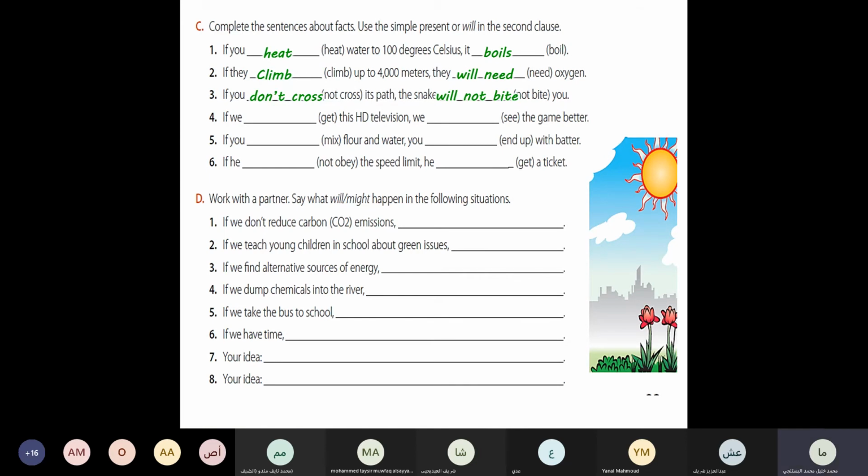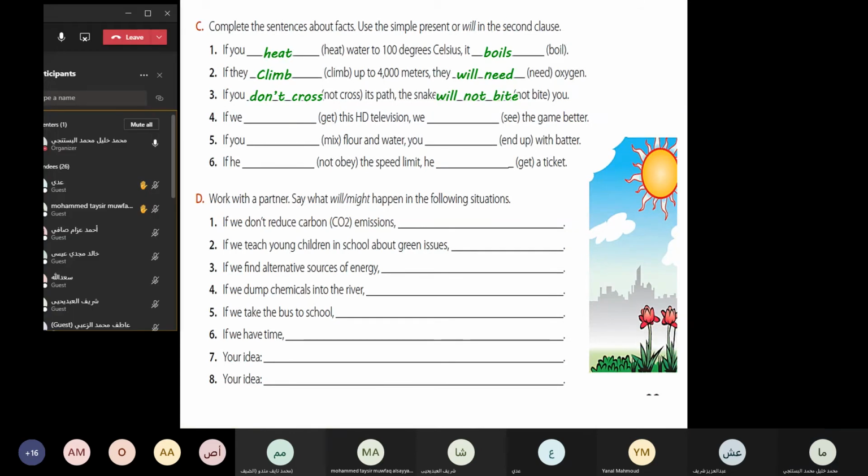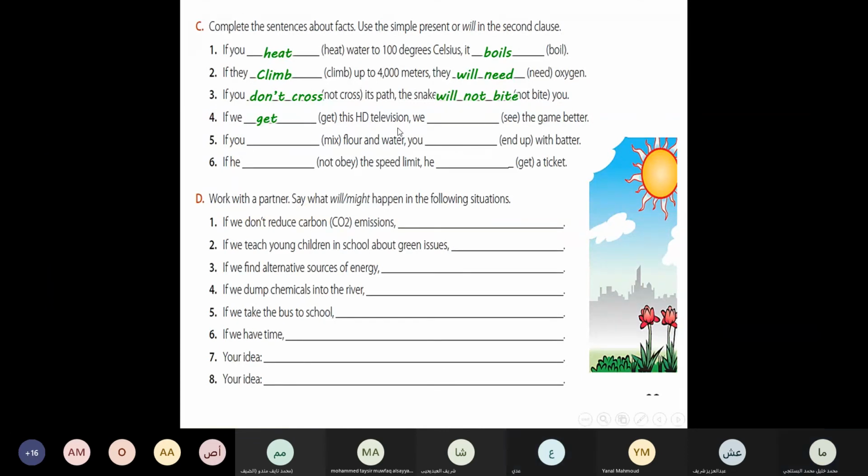Number 4. You can try. Aday? If we get this HD television, we will see the game better.